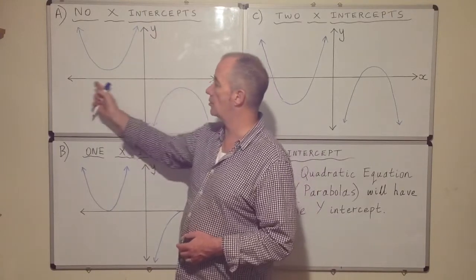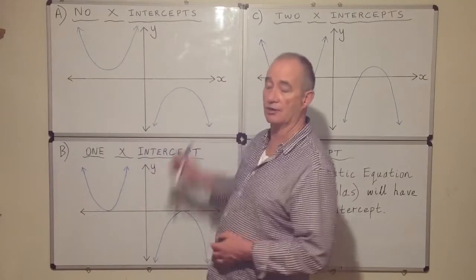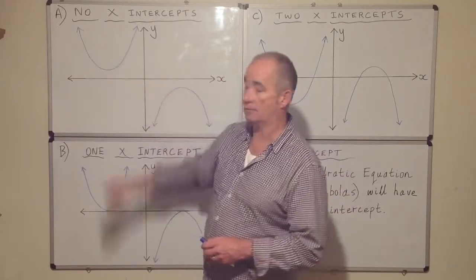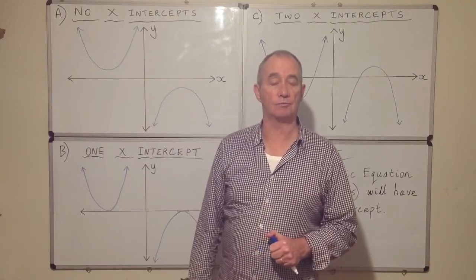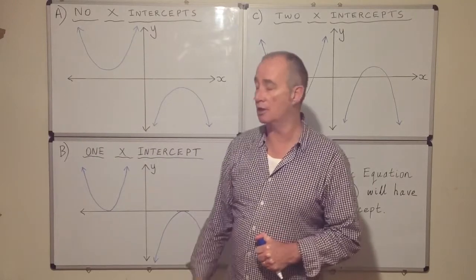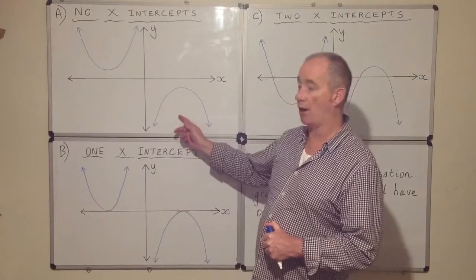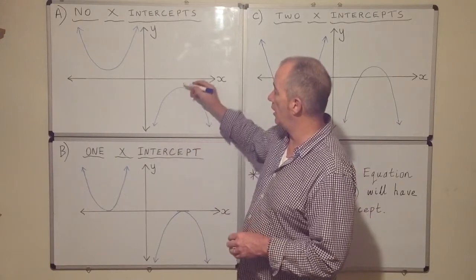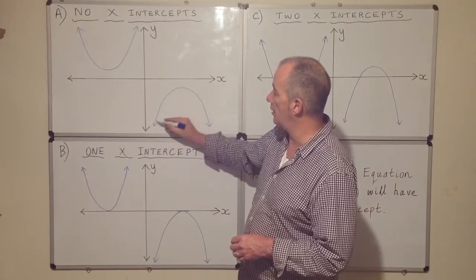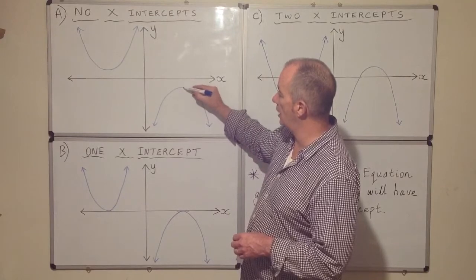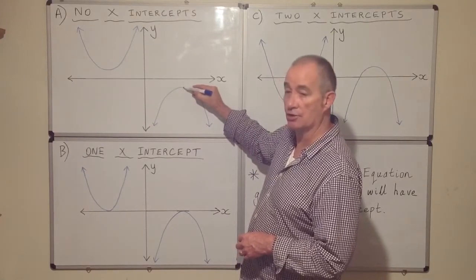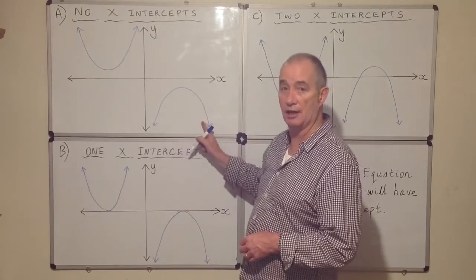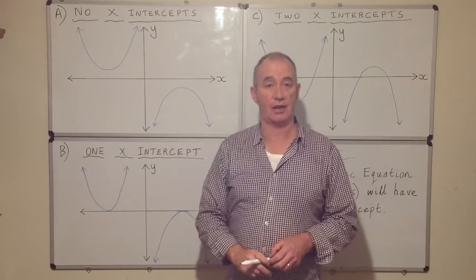This horizontal black line here I've labelled with x, that's the x-axis. This parabola curve here has no x-intercepts. Likewise, this one's an inverted parabola, it heads up towards the x-axis, but it has a turning point right there, and at the turning point it starts to go back down again.